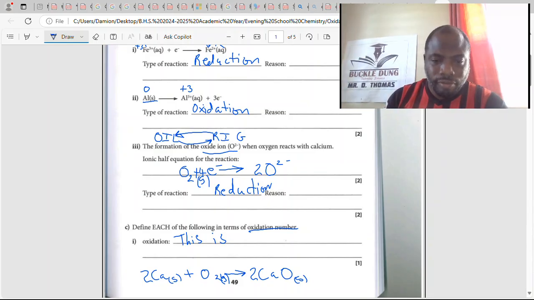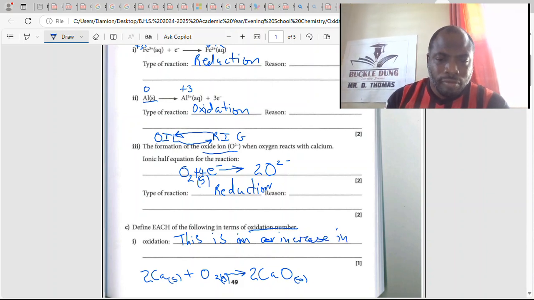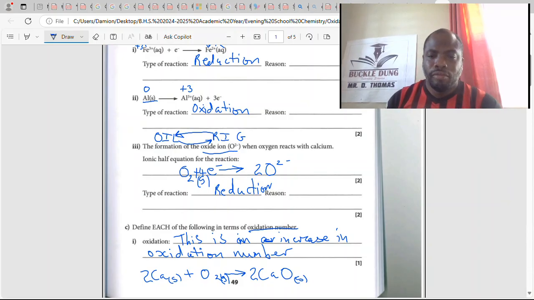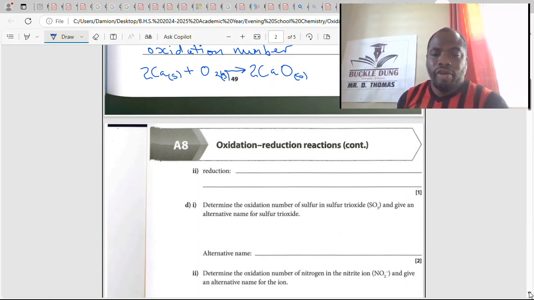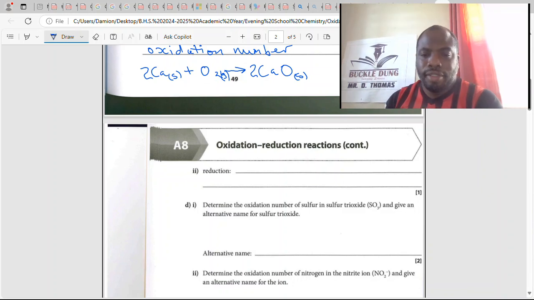Thank you. Reduction: decrease in oxidation number. So we know that that is a decrease in oxidation number. All right.